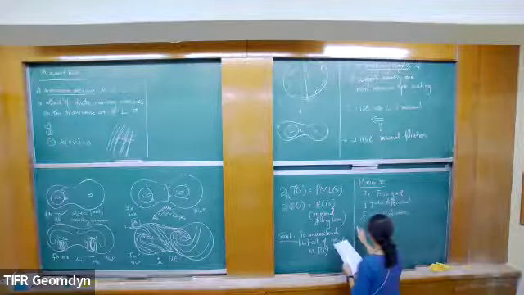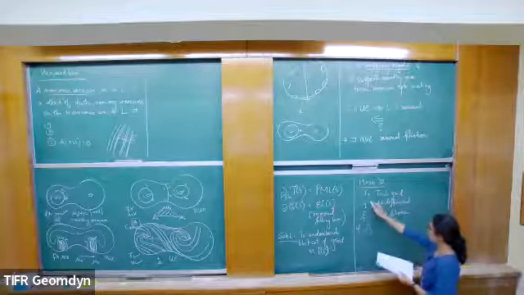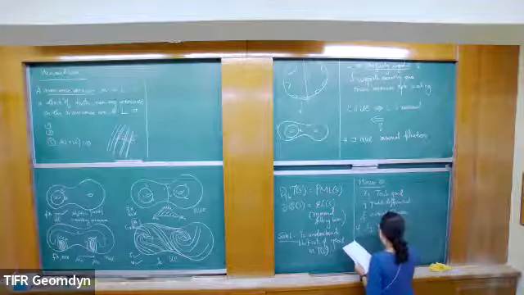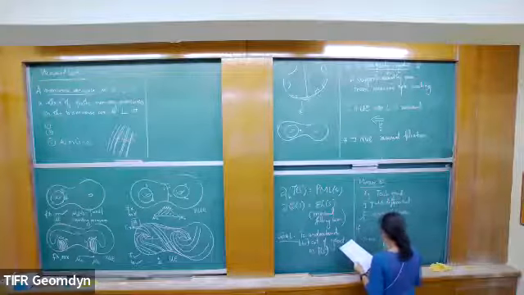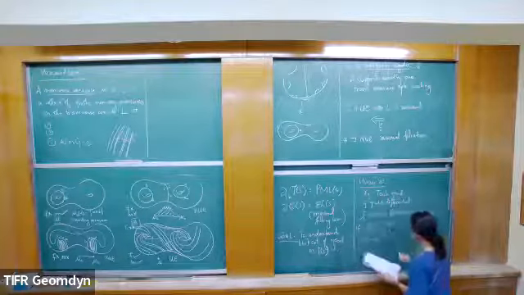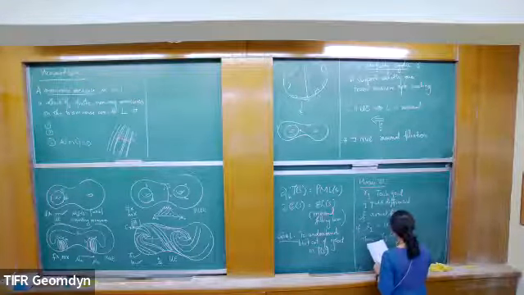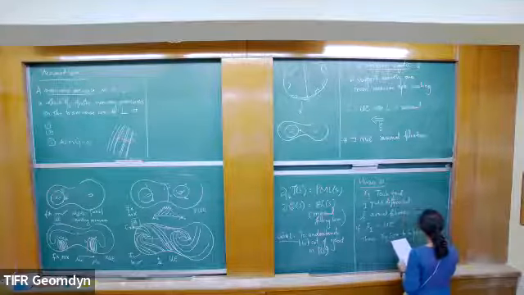So Masur showed that if this vertical foliation associated to this quadratic differential is uniquely ergodic, then this geodesic does converge to a point in the boundary.